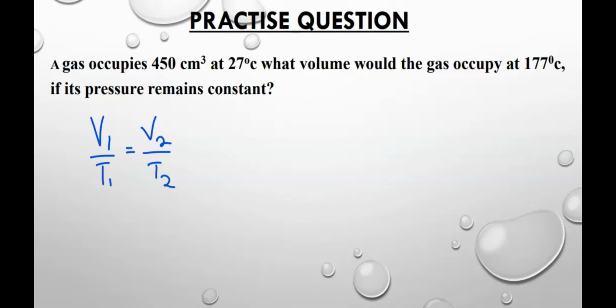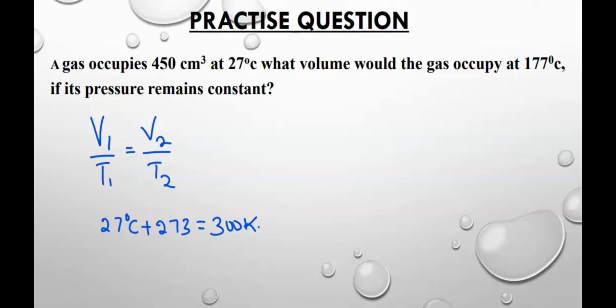You can check that out. So our temperature is 27 degrees Celsius. In converting, we add 273. So 27 plus 273 will be 300 Kelvin.